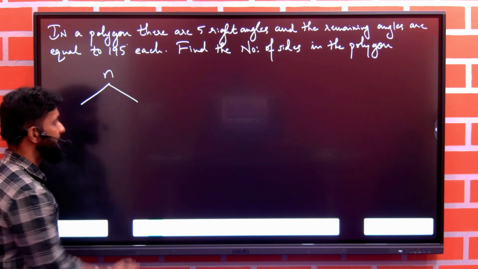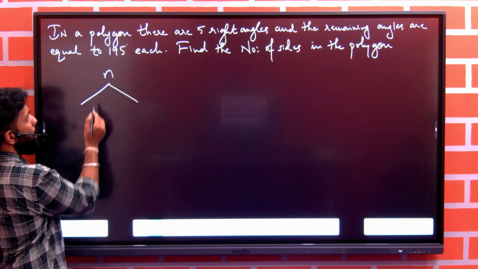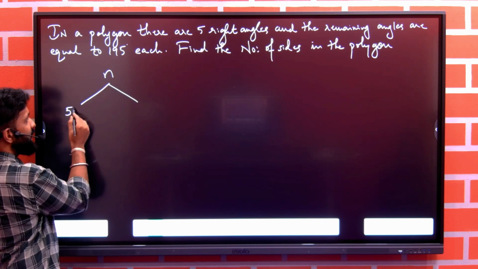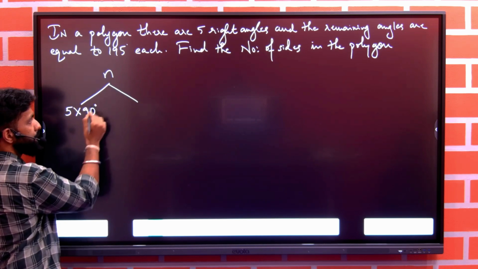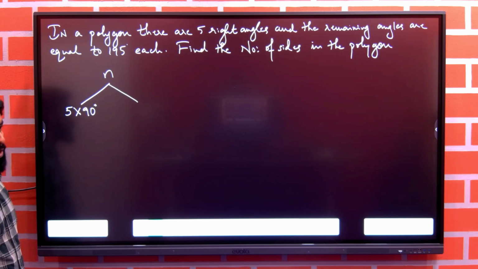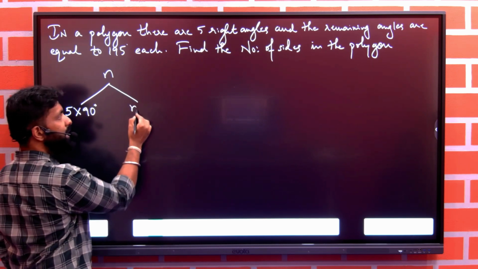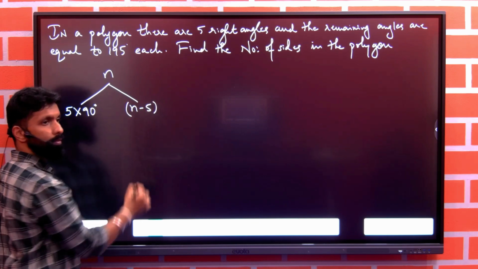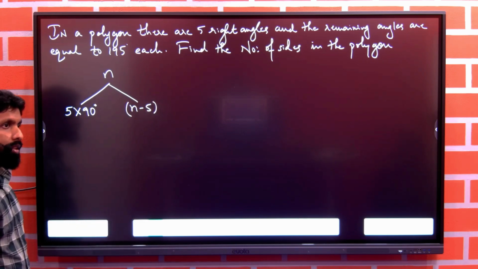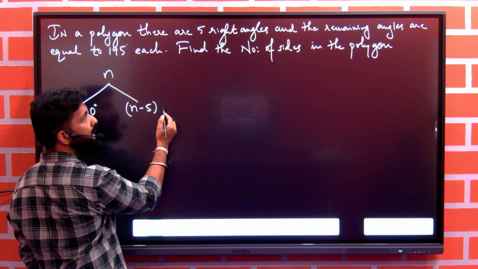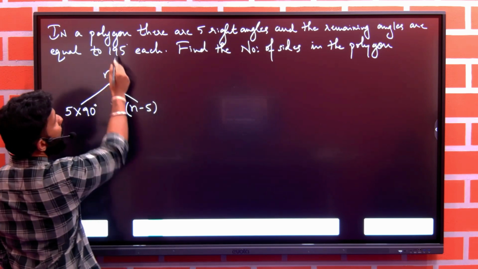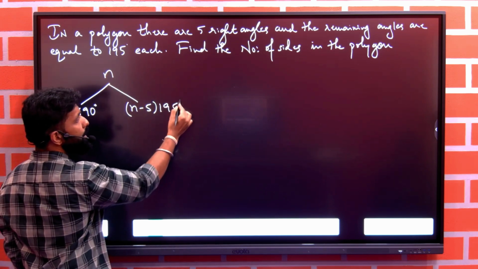So out of n, 5 angles are equal to 90 degrees. How many angles are remaining? n minus 5, isn't it? So those remaining angles will be equal to each other, equal to 195 degrees.